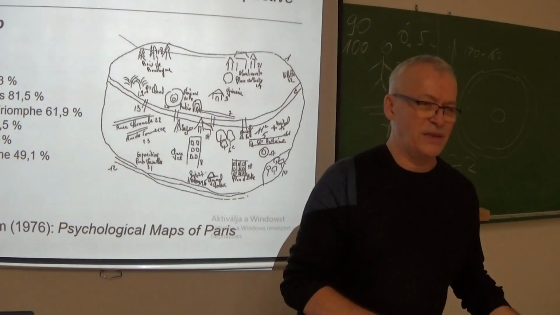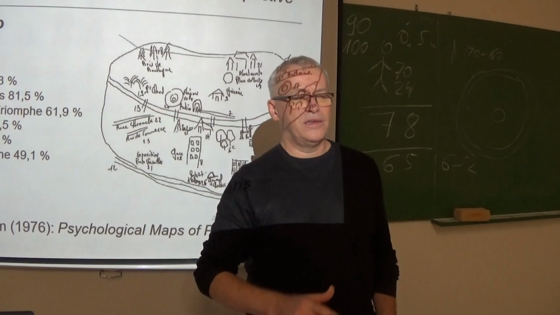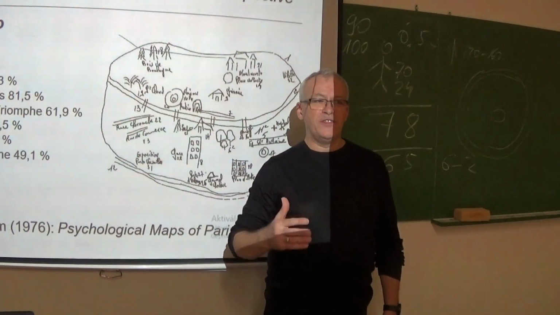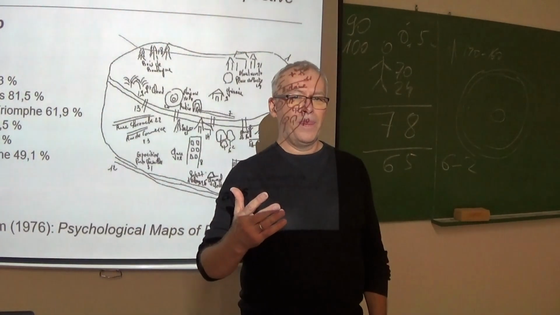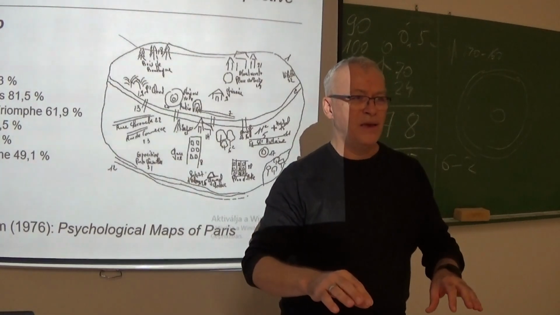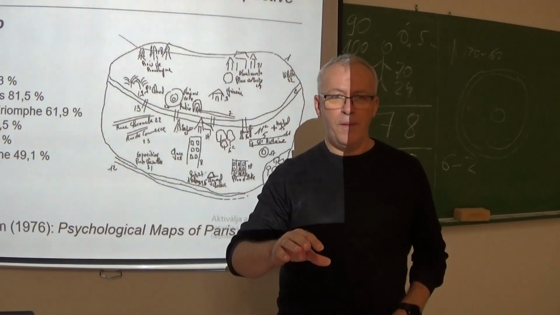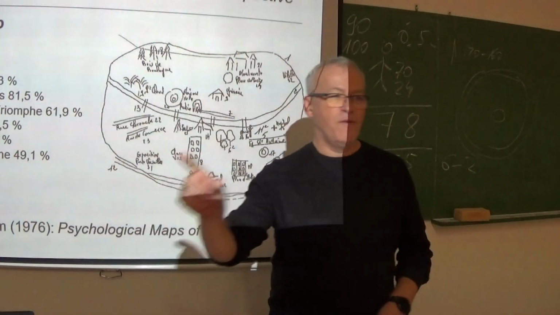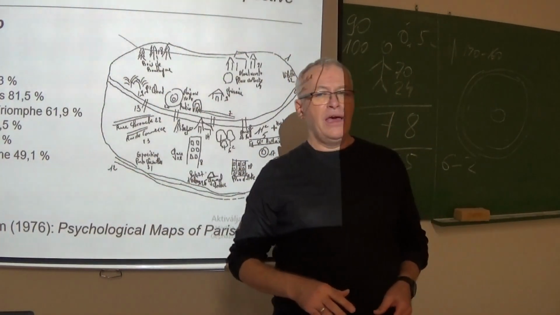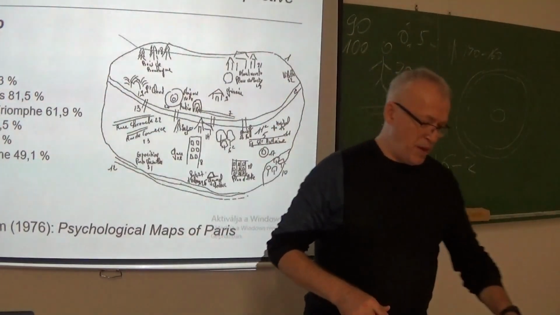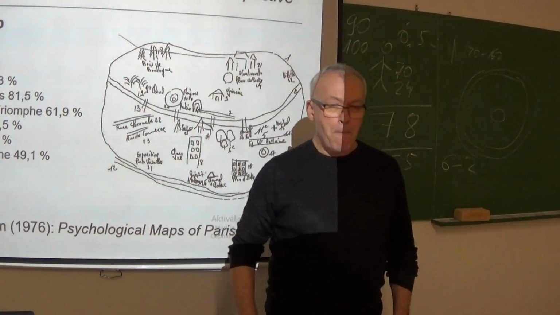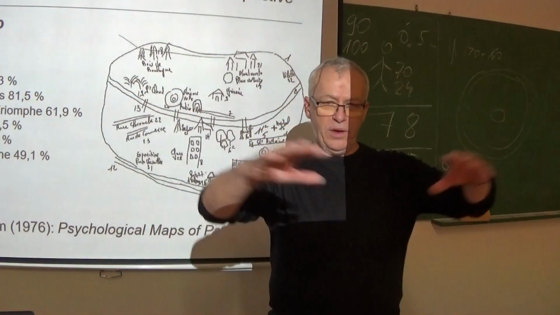And very interesting, the second peculiarity of the brain and the mental map: the selectivity. Not like a GPS, with each detail in the right place. The majority of people who traveled on the same trajectory from the lodging to the working place, for example in the United States, because the first experiment was made in Chicago, in the northern part of the United States, have no memories of the majority of the environment.